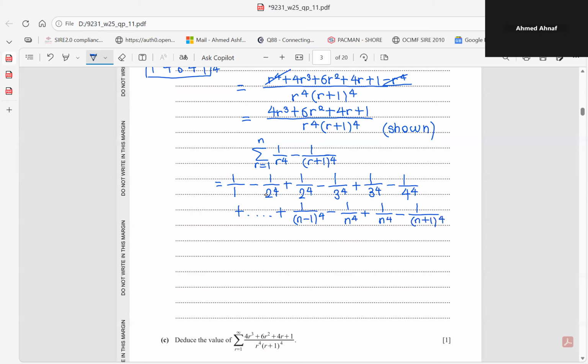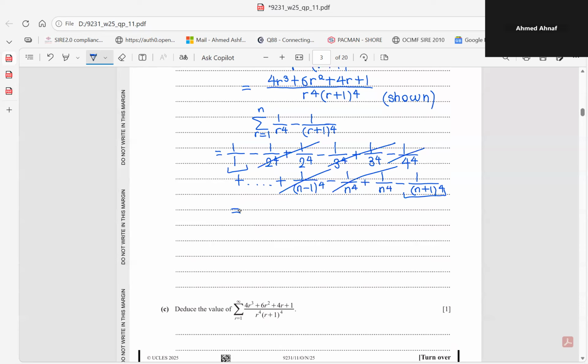You can see all the terms in the middle just cancel out, so we only have the first and the last terms remaining. Simplifying those, you would just get 1 minus 1 over (n plus 1) to the power of 4.